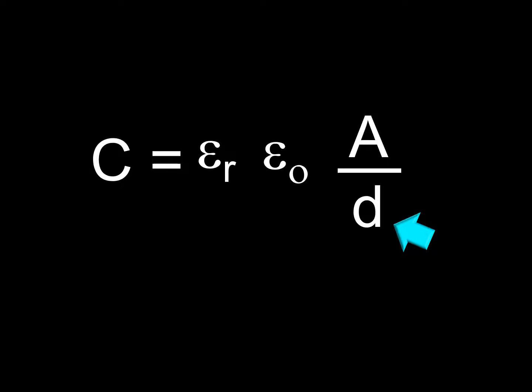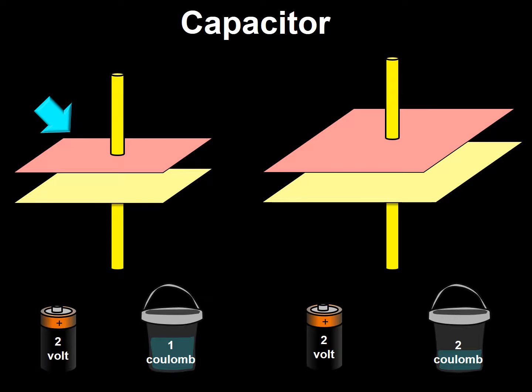The relation between area of the plates and distance can be easily visualized, as I will show you in the next few frames. If a capacitor with plates of a given area is connected to a 2-volt battery and holds 1 coulomb of charge, and the size of the plates is doubled while keeping all other factors the same, the plates will hold 2 coulombs instead of 1.